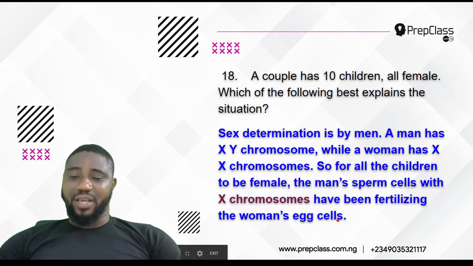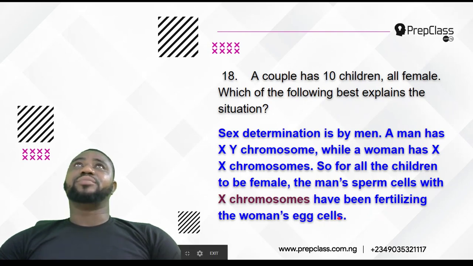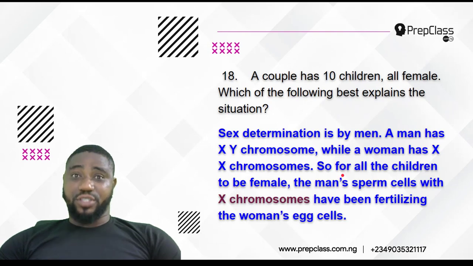the woman's egg cells. Now remember that there's what we call halving, that is a haploid state. Now our body cell contains 46 chromosomes. Of that 46 chromosomes, only 23 is carried in the sperm. Are you following?